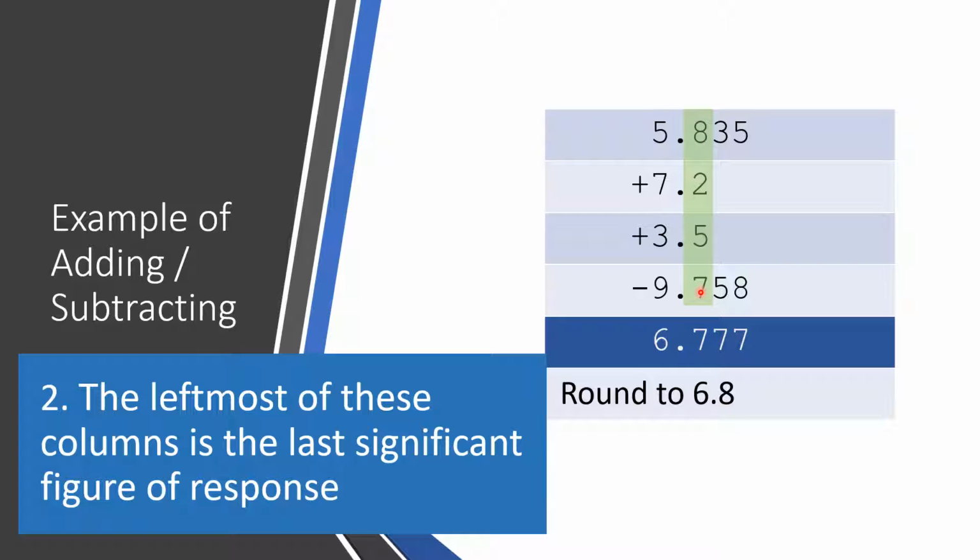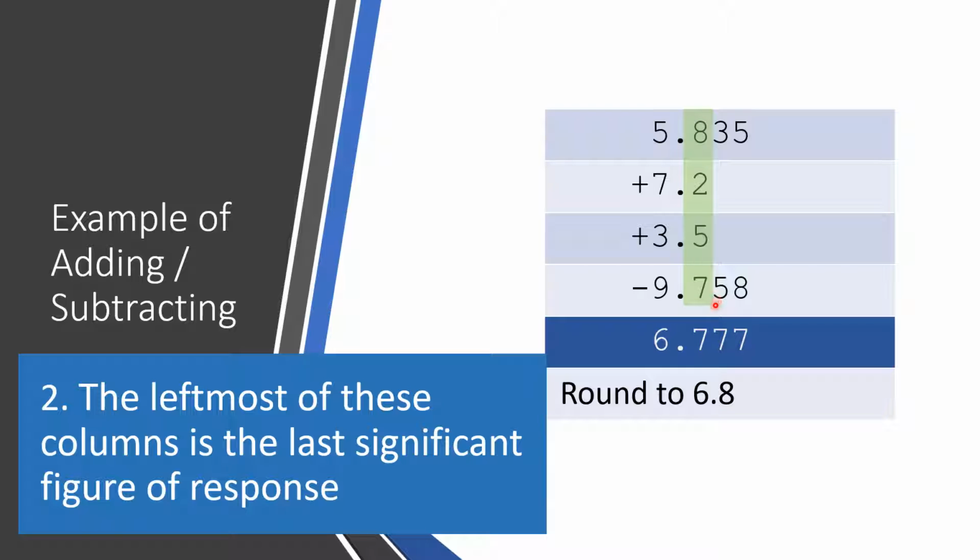Okay, so we grab the leftmost of those columns, which happens to be the 10th column. So we're going to use all the values to the left of that, the 6 and the 10th column, and then throw out everything else. That's what we mean by the last significant figure of the response: the number in the 10th column.